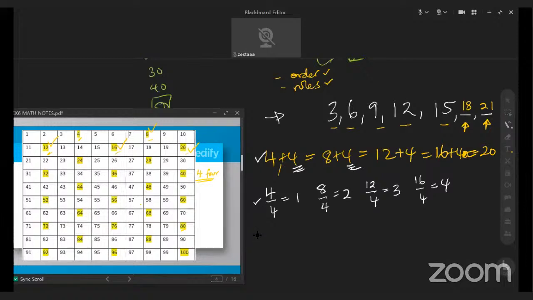If you multiply 4 by 2, it gives you 8, and 4 by 1 is 4. These are multiples of 4. Multiples of 4. Okay, understood that. Good. Angel?